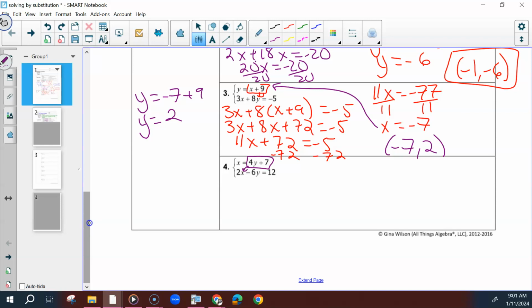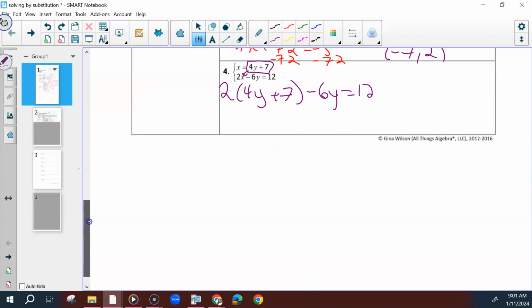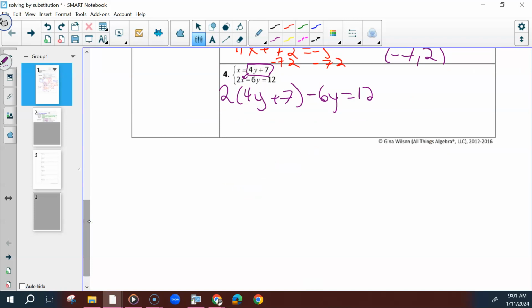So when we rewrite it, it would be 2 times 4y plus 7 in parentheses minus 6y equals 12. And then solve for y.